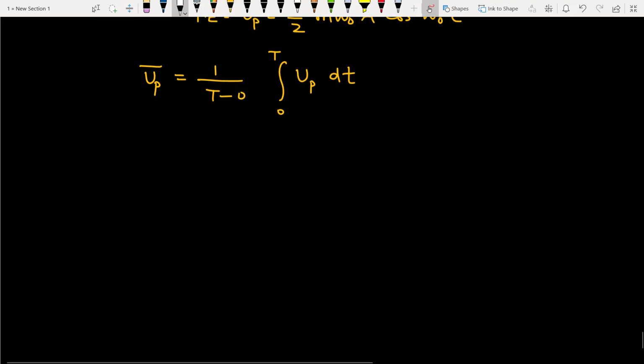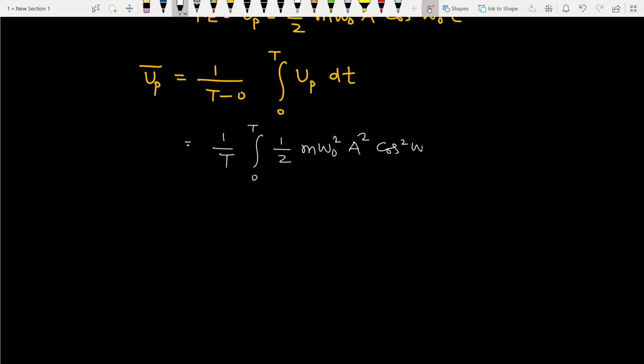When we solve this, it will be 1 over T, 0 to T, half m omega naught square a square cos square omega naught t dt, with half common, omega naught square a square, 0 to T, cos square omega naught t dt.